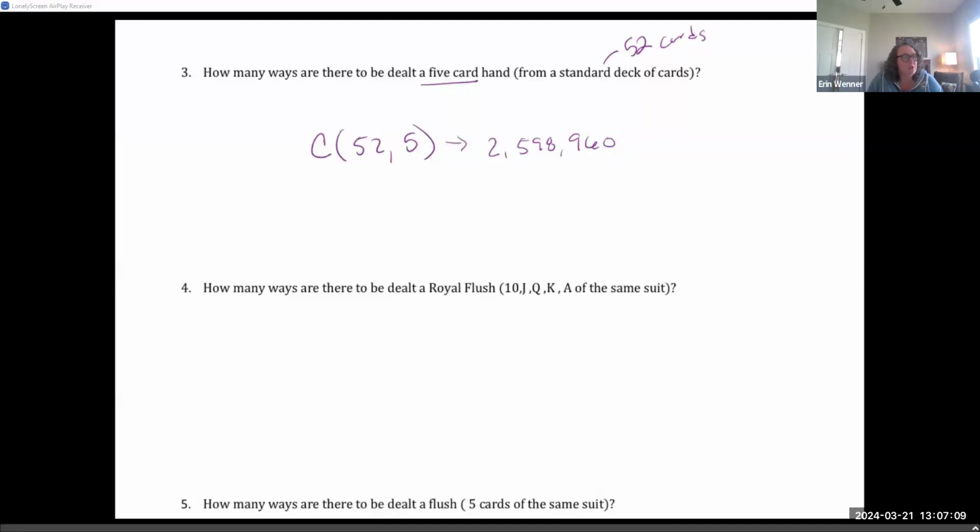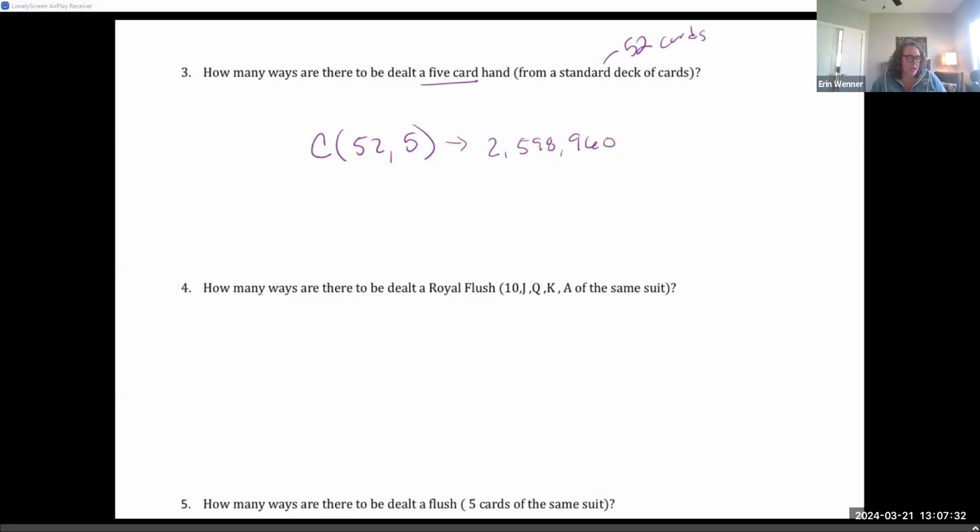Where things get interesting is when we start talking about specific types of hands. There is a 5-card set that you can get dealt called a Royal Flush. A Royal Flush is when you have the 10, Jack, Queen, King, and Ace, all of the same suit.